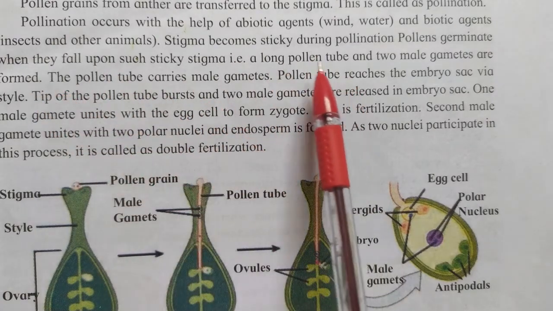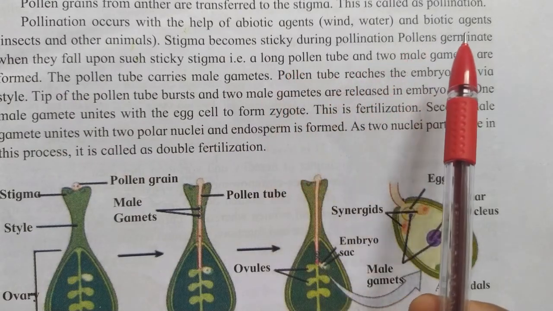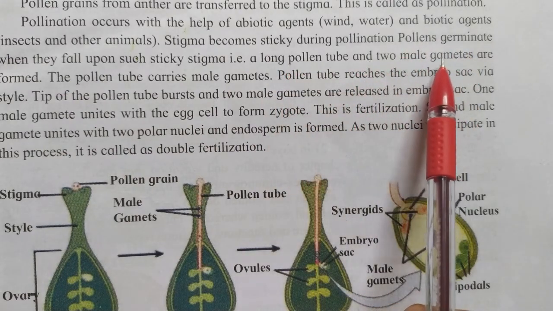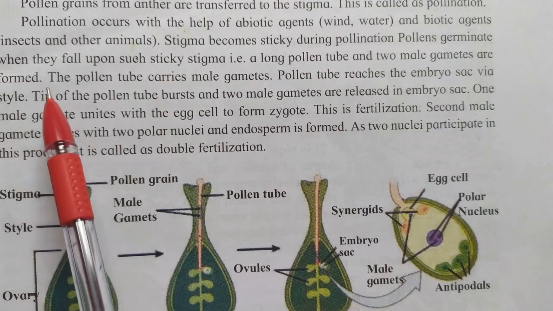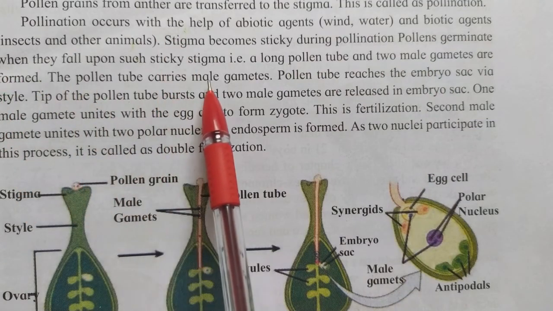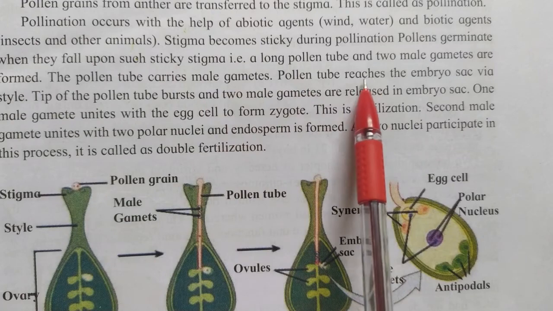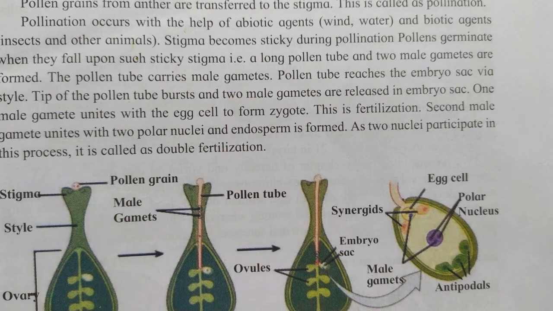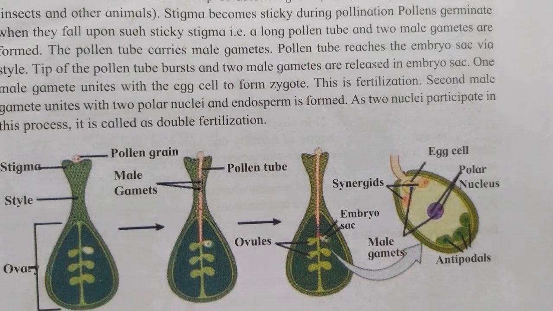So a long pollen tube and two male gametes are formed. The pollen tube carries two male gametes. Pollen tube reaches the embryo which is present here.